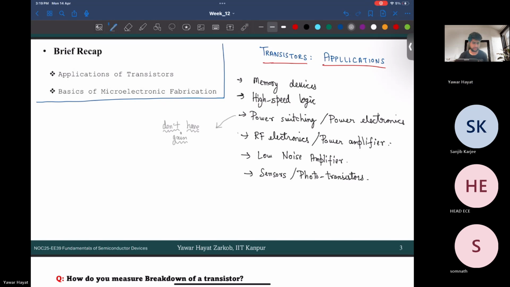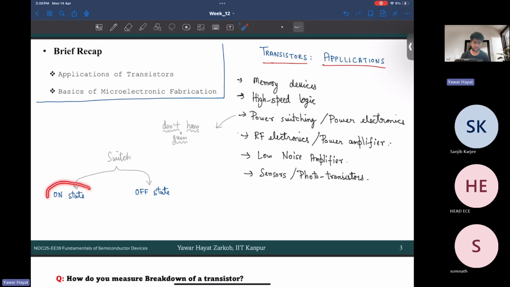A switch has two states: an on state and an off state. When the switch is in on state, does it allow high current or low current to pass through? High current.